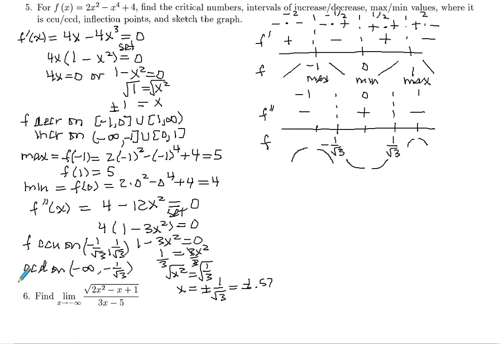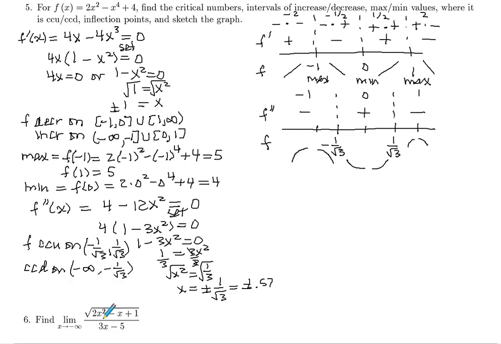And then we're going to take that and put it together with this interval here, concave down 1 over root 3 to infinity. So this would be union 1 over root 3 to infinity. And then we change from concave down to concave up here, and then from concave up to concave down here. So plus and minus 1 over root 3, we got inflection points there. So those are the x coordinates of the inflection points.